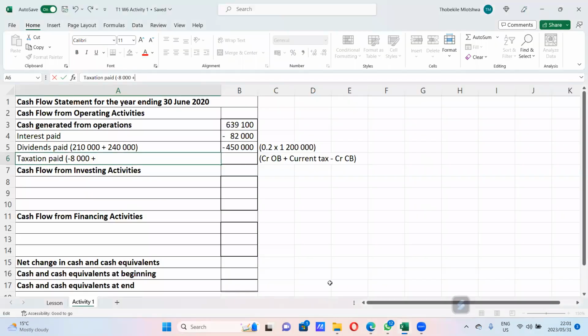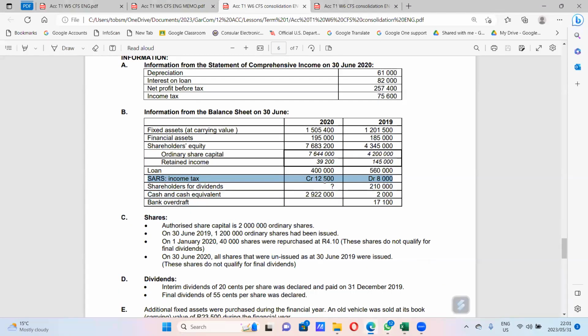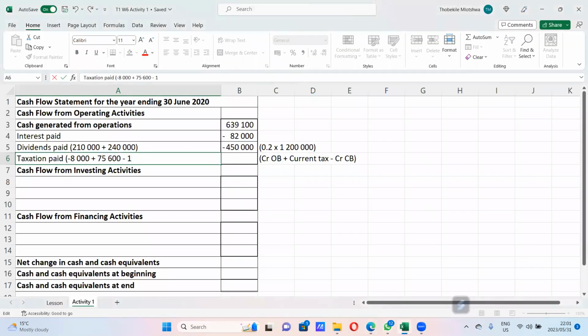So that's the current income tax, plus 75,600. And then the closing balance is a credit balance, so there's no change in the sign. We still minus it. Minus 12,500. And that gives us, I'll use my calculator, minus 55,100, if I'm not mistaken.